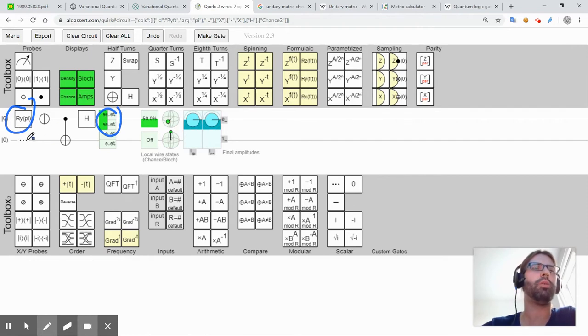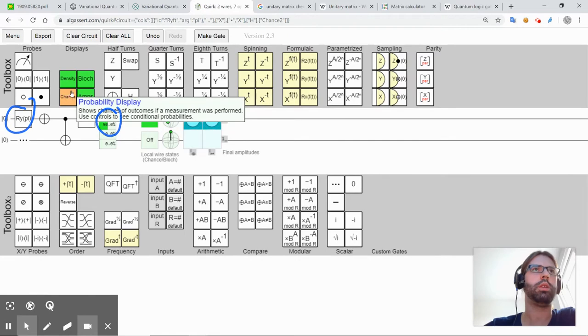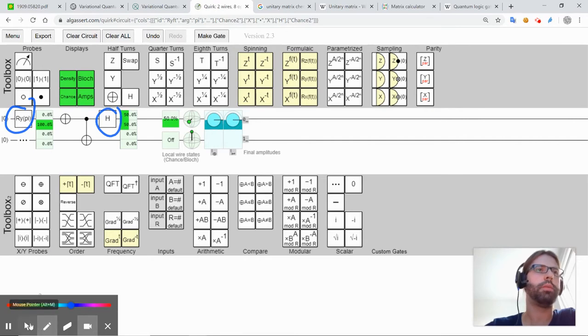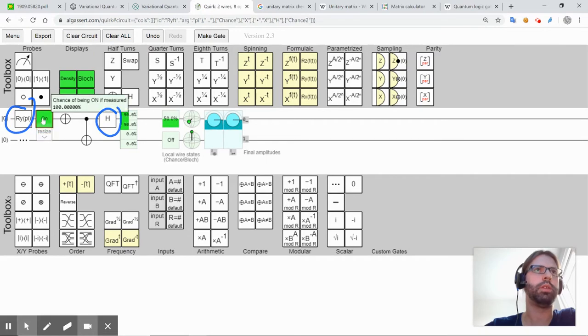An Ry rotation of pi gives me what state? It gives me the state 0, 1, which is basically, sorry, wrong. It gives me the state 1.